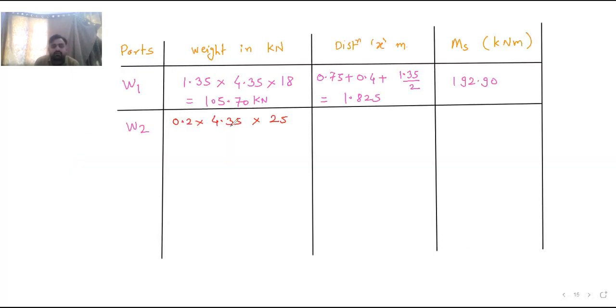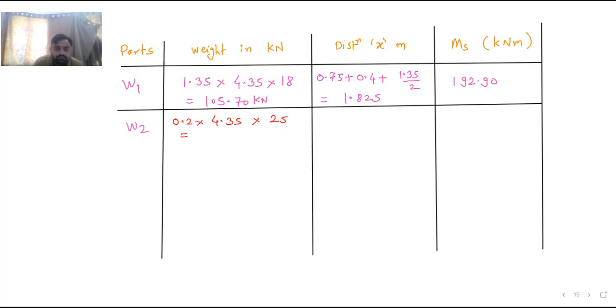Okay, so what is the answer? 21.75 force.